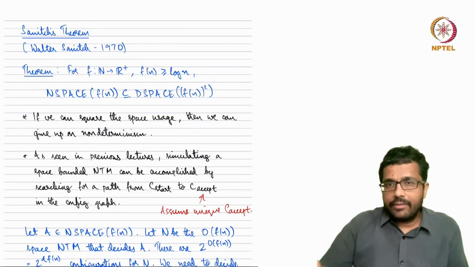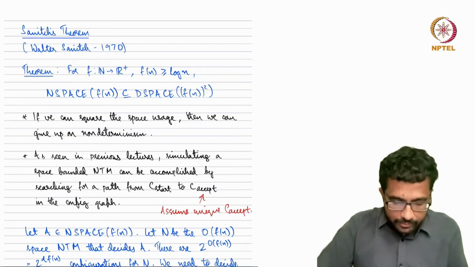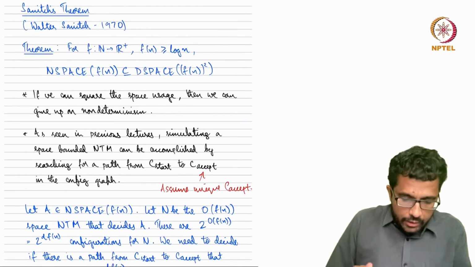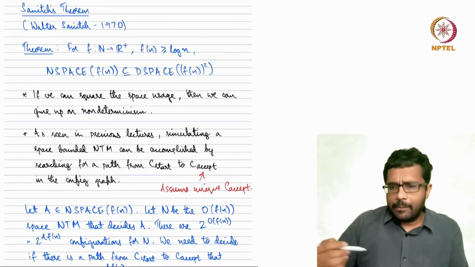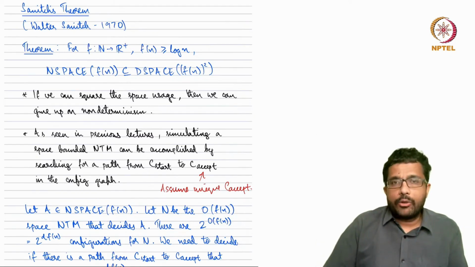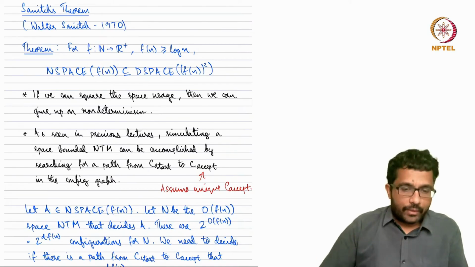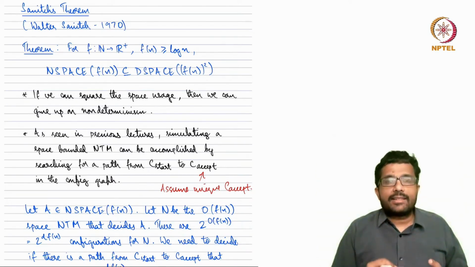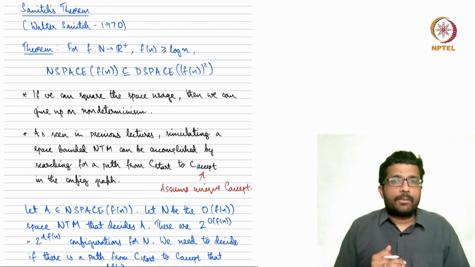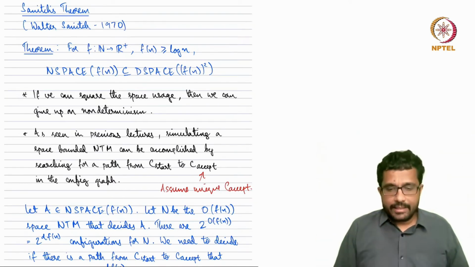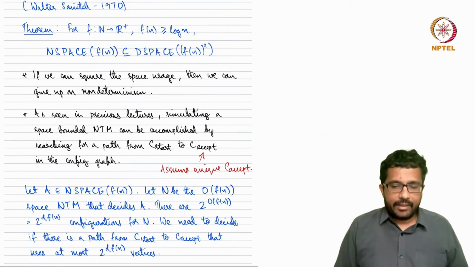In fact, we still don't know if there is any polynomial time algorithm for SAT. So this is surprising, and there are a couple of other surprising results in space-bounded complexity classes, especially when we contrast them with similar classes in time complexity. As we will see, the proof is going to be extremely simple and straightforward.